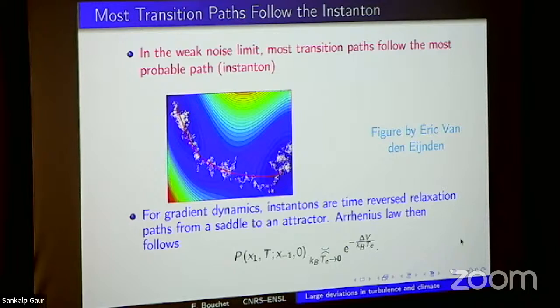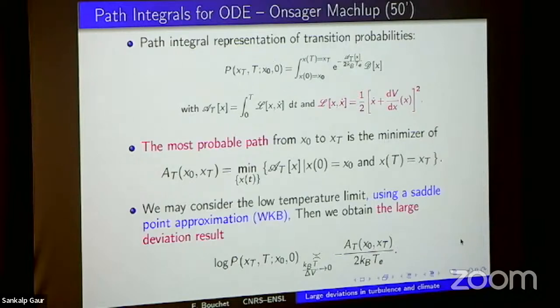And you see now this white path here. It is actually a sample, just one realization of a transition from one attractor to another for the real stochastic dynamics. And you see that it very nicely follows the instanton. You can think about that from the point of view of this path integral. You know that the weight for computing this transition probability should concentrate close to the minimum of the action.